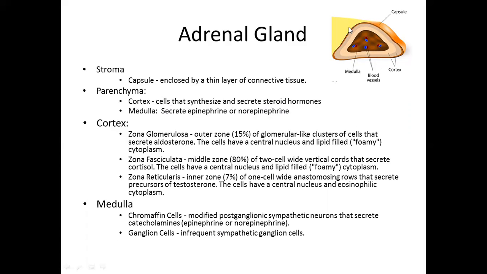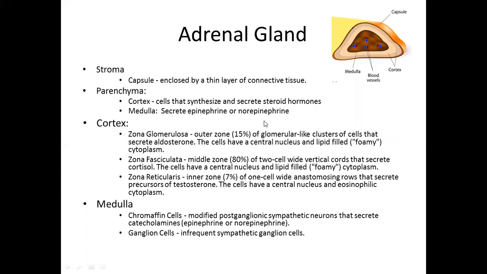If you look at this schematic diagram, you will see that the cortex is actually surrounding the medulla from all sides. So from whichever side you take a piece and make a micrograph, the first outer layer that appears will always be the cortex, and the cortex is surrounding the central medulla from all sides. The medulla is the centrally located part, responsible for the secretion of epinephrine and norepinephrine.